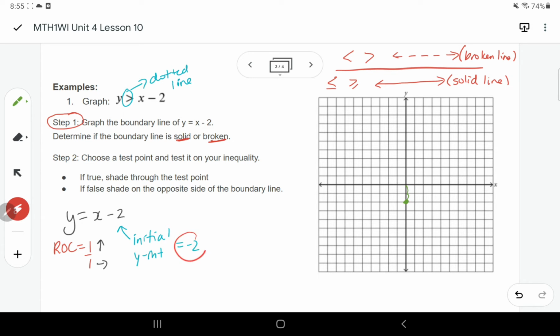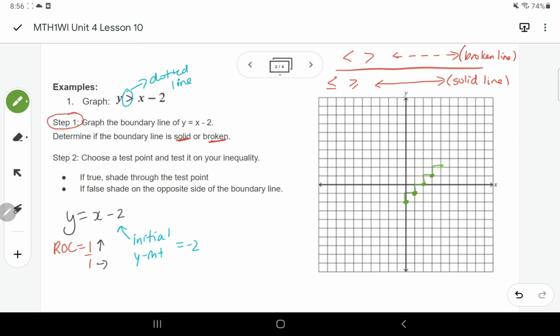So I'm going to start at -2, and then I'm going to count my rise and my run. So this has a rise of 1 and a run of 1. So I'm going to count from here, just erasing those little marks I made to get to my -2. I'm going to count up 1, over 1, and put a dot. My rise of 1, run of 1, put a dot. Rise, run, put a dot.